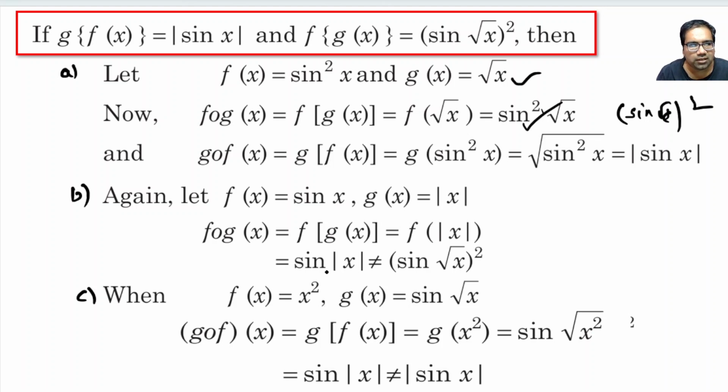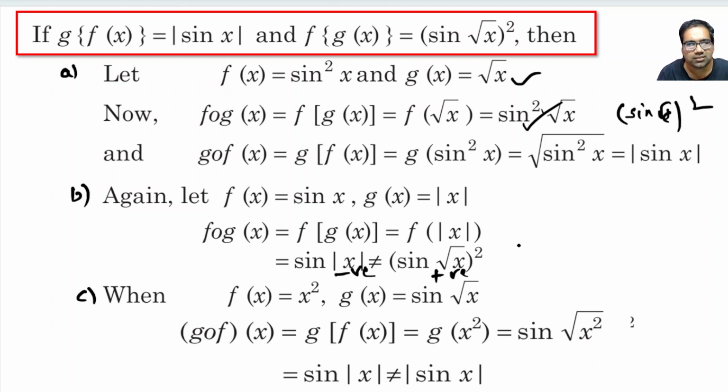But what we want, f of g of x, is (sin root x) whole square. Here it is not matching. Sine of absolute value of x can be negative, but this is always positive because it is a perfect square. Sine root x can be negative or positive, doesn't matter, because it is squared, it is always positive.